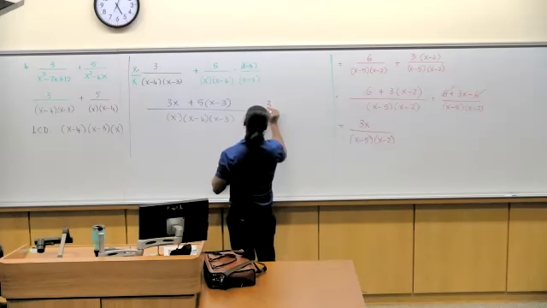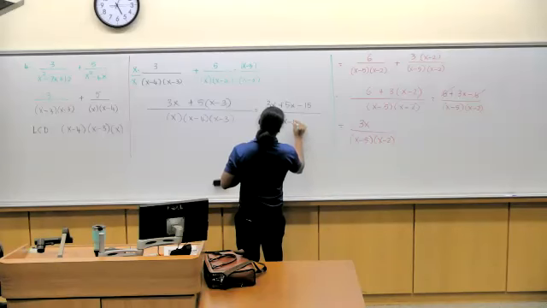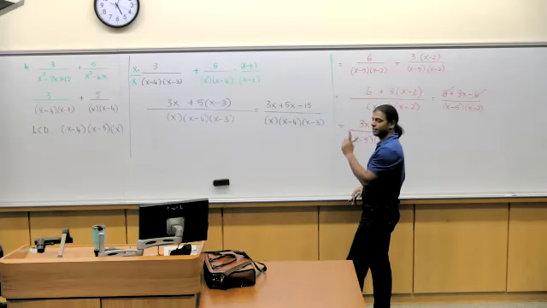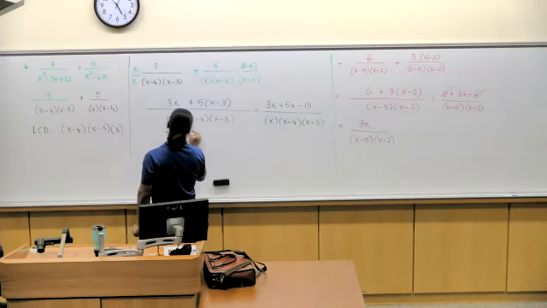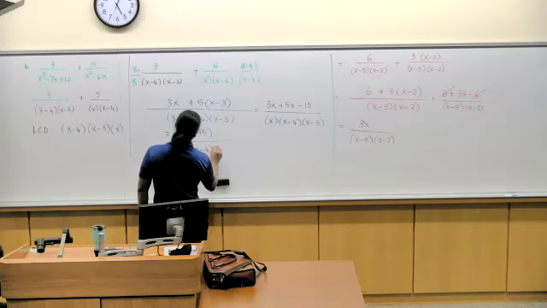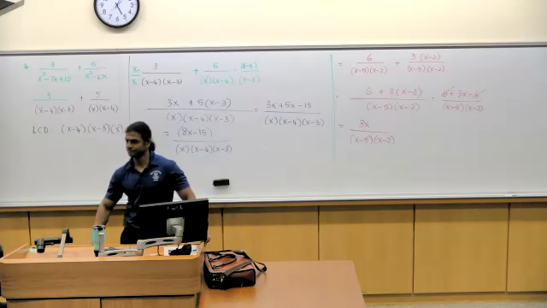So 3x plus 5x minus 15 divided by x times x minus 4 times x minus 3. 3x plus 5x is 8x. So we will have 8x minus 15 divided by x times x minus 4 times x minus 3. Good.